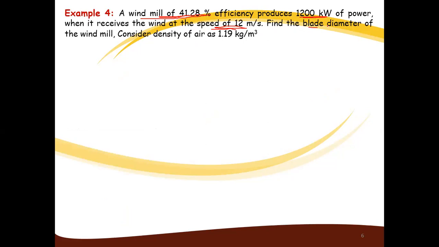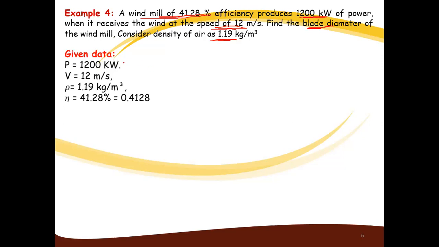We have to find out the blade diameter D. Consider air density 1.19 kg per meter cube. Now given data: power is given, that is the output power, then velocity, then density and efficiency. Now we have to find out the blade diameter D.